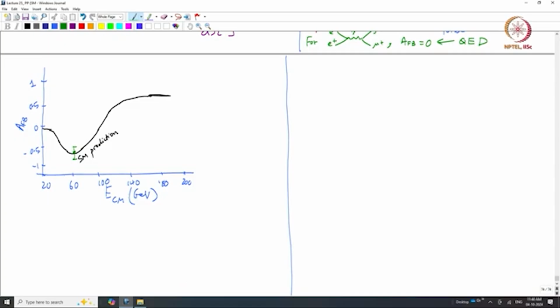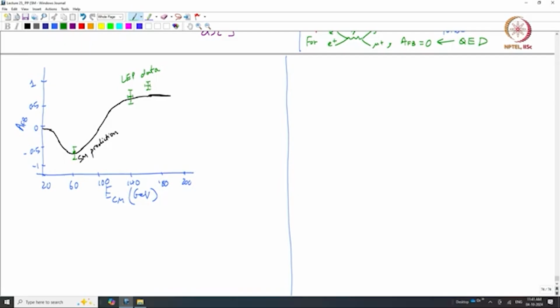At 60 GeV they got that data, and then at around 140 GeV you get this, and there's some error in the measurement of the energy also, and some data is over here. But the important thing is this is all data coming from the LEP collider.